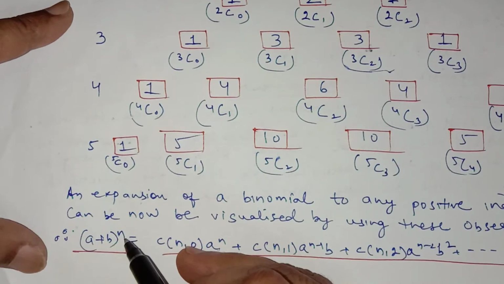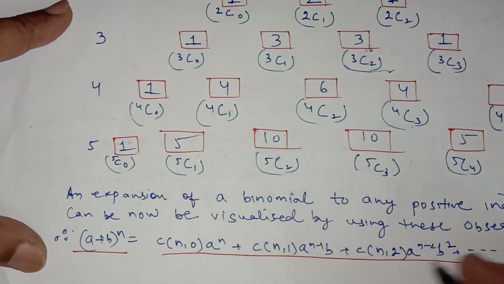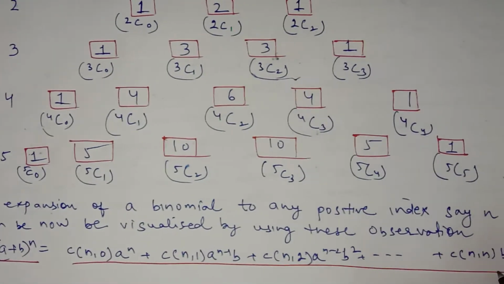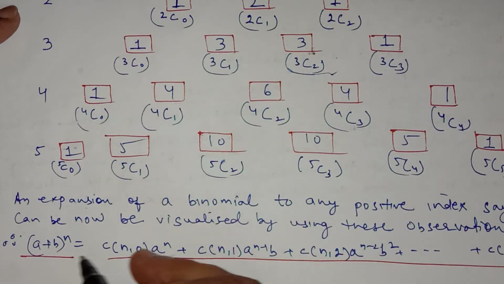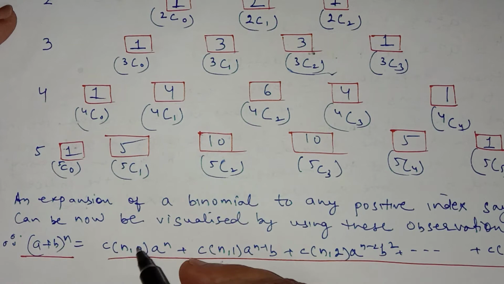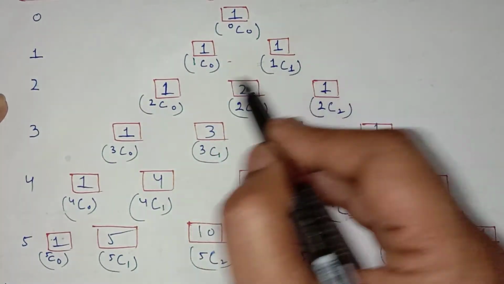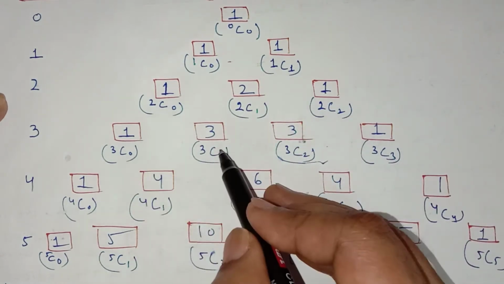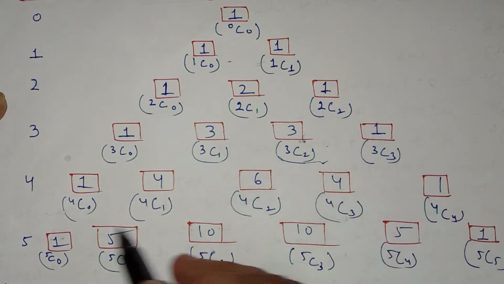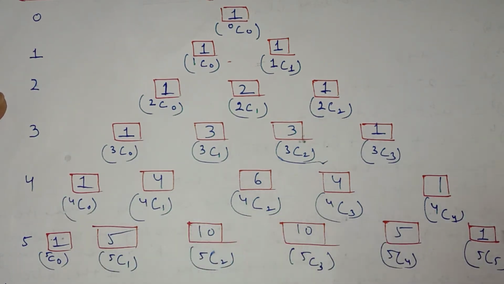So when we have the power n, we have combination of n 0, combination of n 1, combination of n 2 and so on. Therefore this is the formula for the binomial expansion for positive indices. See the pattern here: 0, 0 1, 0 1 2, 0 1 2 3, 0 1 2 3 4 and so on. If we have n, then it will be c0, c1, c2, c3, c4 up to cn.